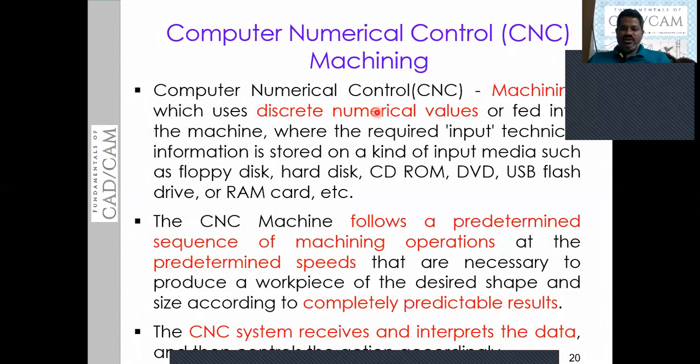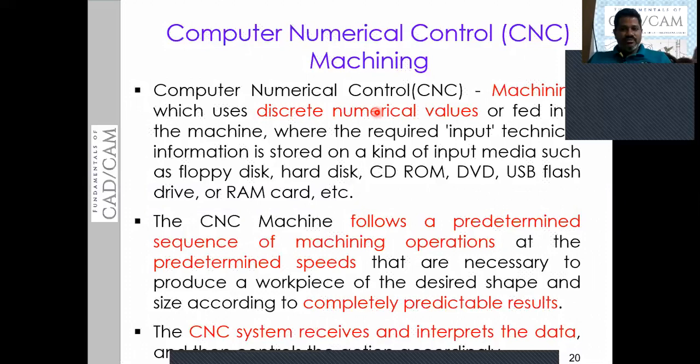Then that stepper motor will be connected to the gate drive. In turn, we will get the mechanical work to move the table or to rotate the spindle or the tool. This is the sequence of operations that we have seen in the case of control systems, feedback control systems. Similarly, the same steps will be present in the computer numerical control machining system, just like the NC machining system.